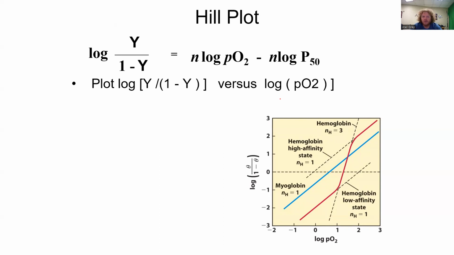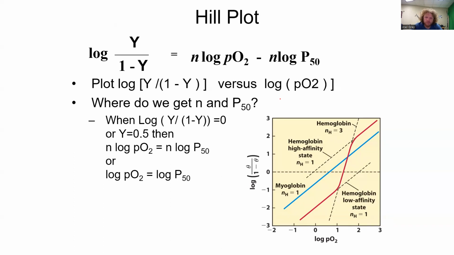You plot log of y over 1 minus y versus log of PO2. So you're plotting the log of your percent saturation over 1 minus percent saturation against, on your x-axis, the log of PO2. So where do we get n and P50 from?